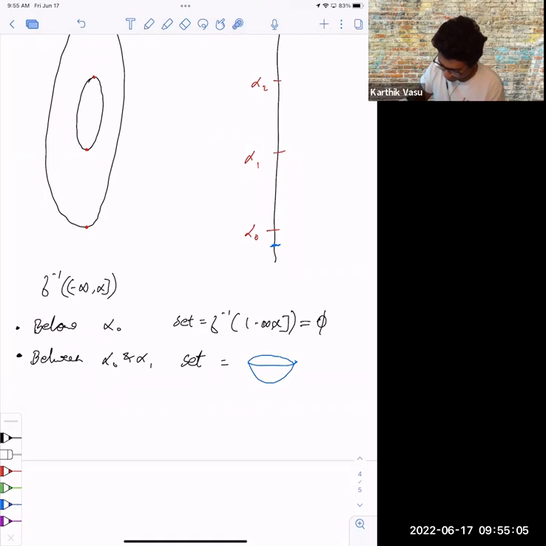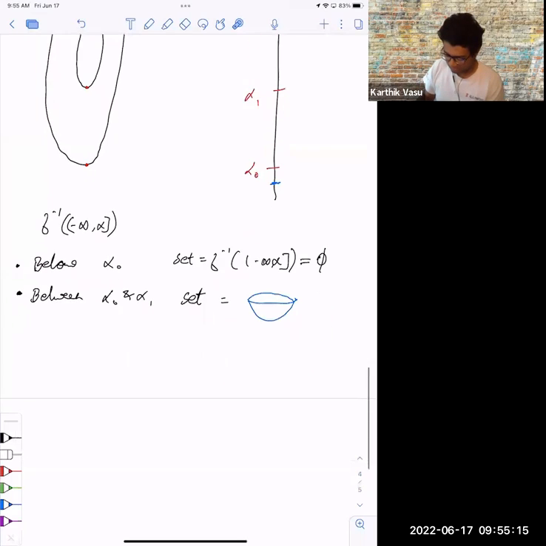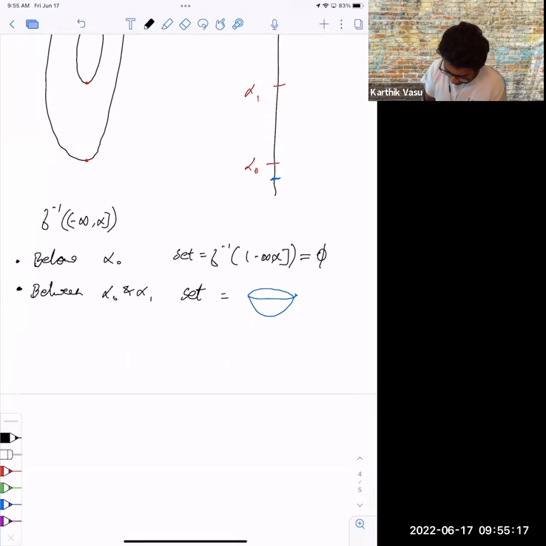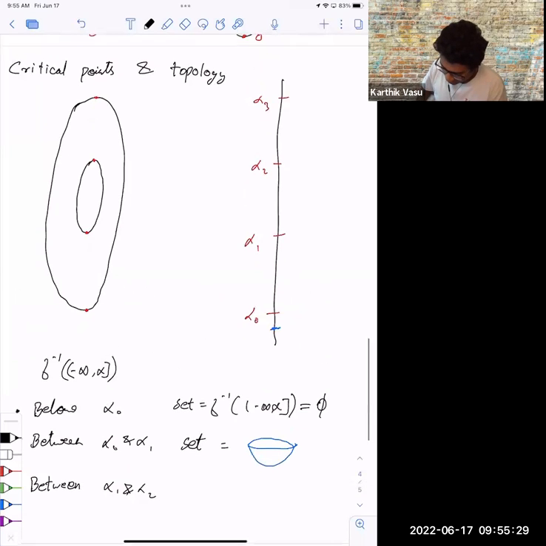And that's the point here. Below this critical point, it was empty. But as I pass the critical point, immediately the topology changes. Again, between alpha 1 and alpha 2, what happens? It's something like this, right?